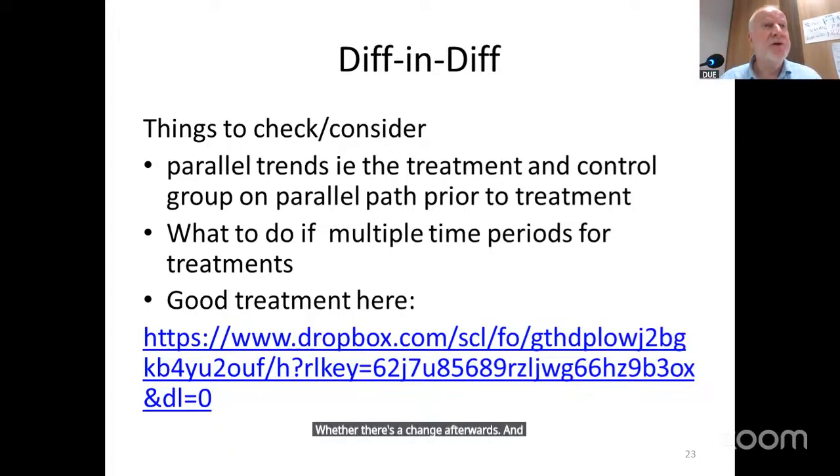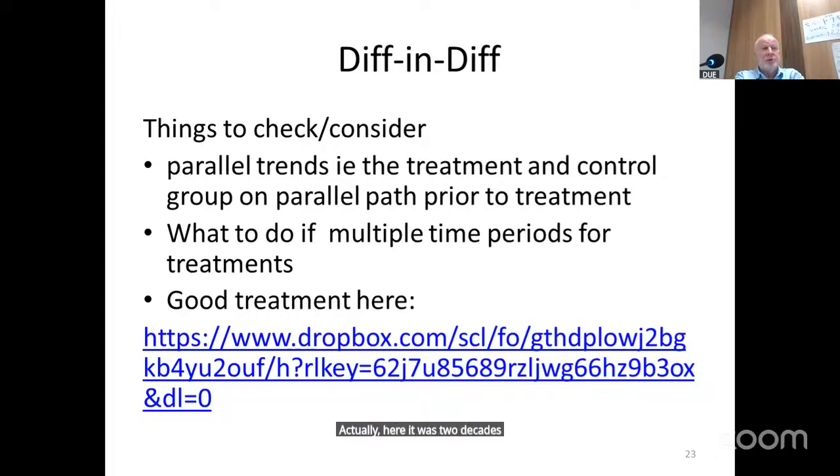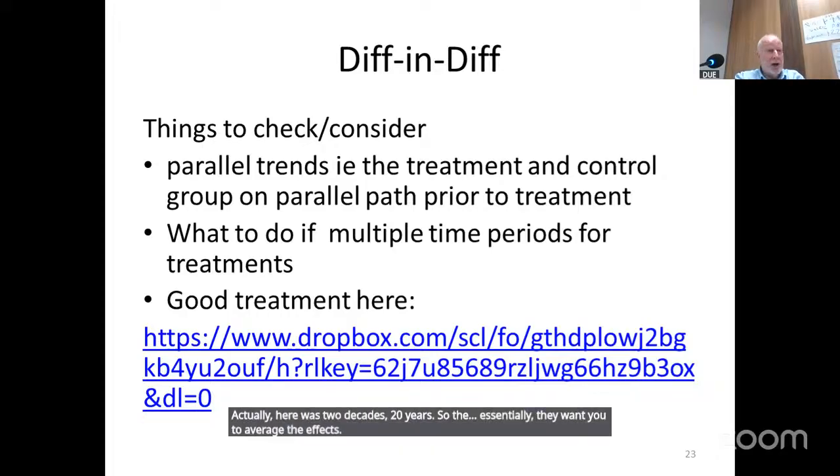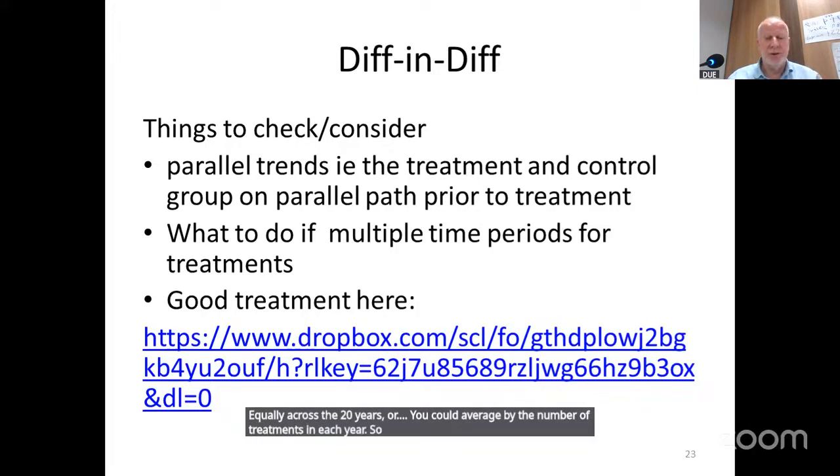And if there's multiple time periods, the editors want you to do what they call a staggered diff and diff, which takes account of the fact that things might have changed, actually here over 2 decades, 20 years. So essentially they want you to average the effects, right? You could either average equally across the 20 years, or you could average by the number of treatments in each year. So that's essentially what they're after.